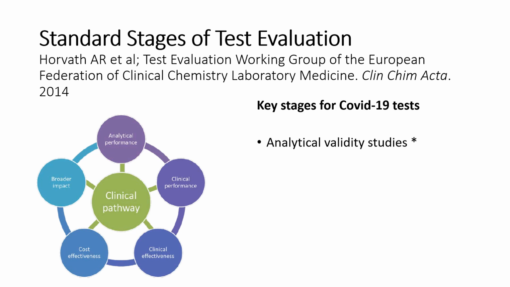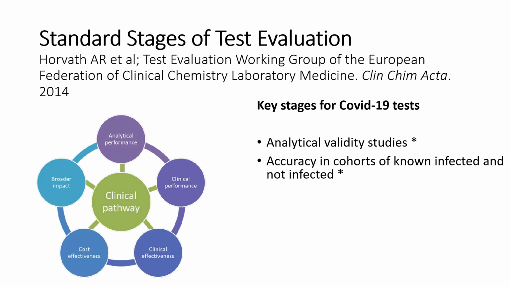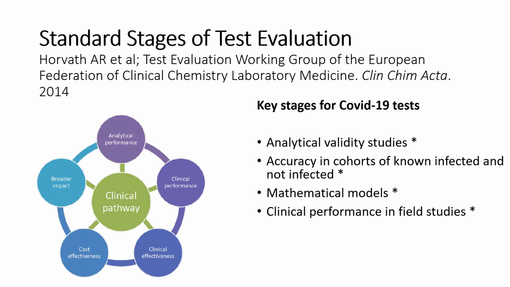How does this map out then for COVID-19 tests? Well, we've seen plenty of analytical validity studies. We've seen clinical performance studies, initially done in quite large numbers of cohorts where we know people are infected or not infected, particularly for antibody tests. We've seen plenty of mathematical models, and we've seen some clinical performance studies done in real-world settings, in field studies if you like, and this is really increasing at the moment.